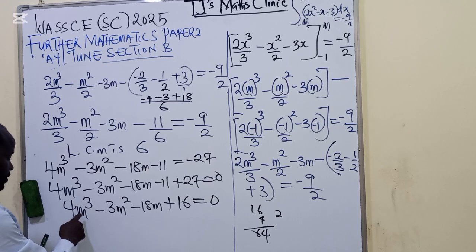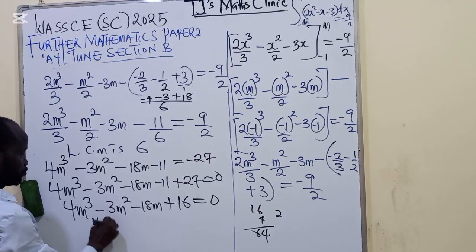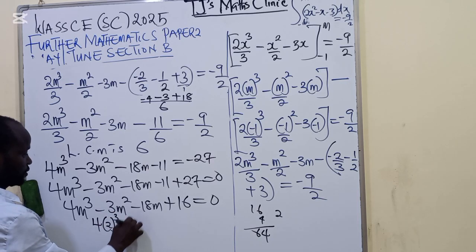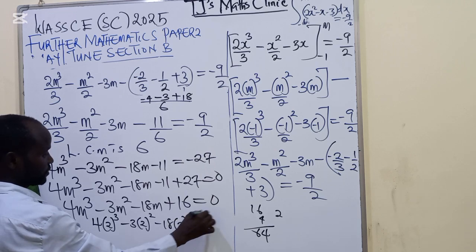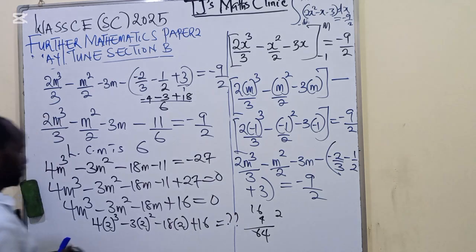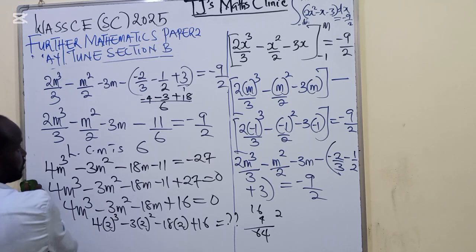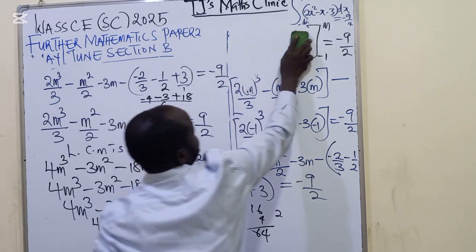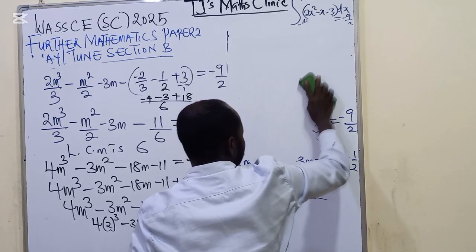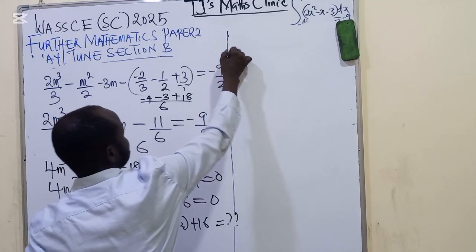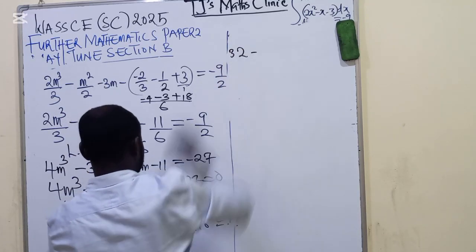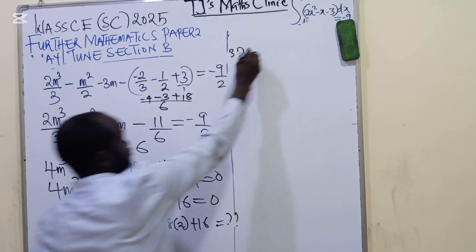Let's try 2. If we substitute 2, what are we going to get? Let me do the substitution here. That will be 4 into 2 cubed minus 3 into 2 squared minus 18 into 2 plus 16. Is it equal to 0? Let's check. 2 cubed is 8, that's 32. Then minus 2 squared is 4 times 3, that's 12.